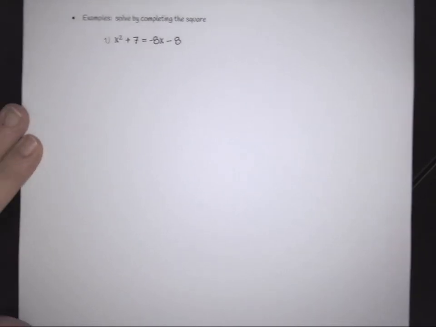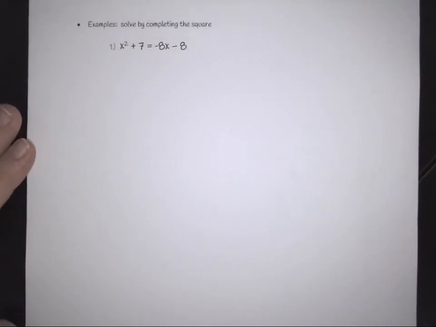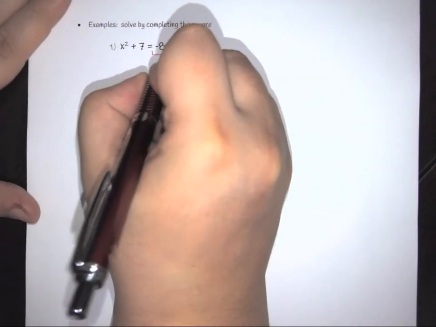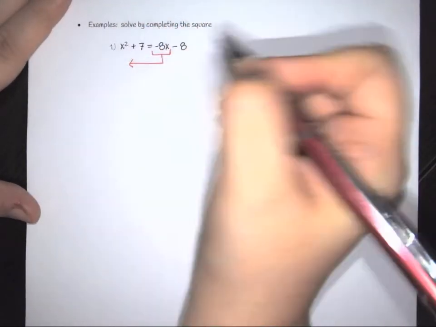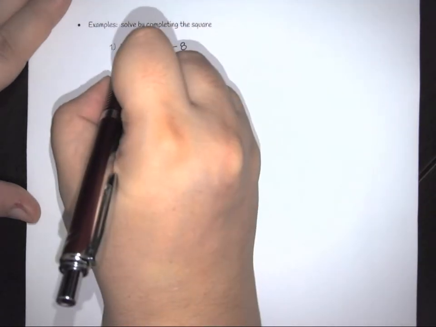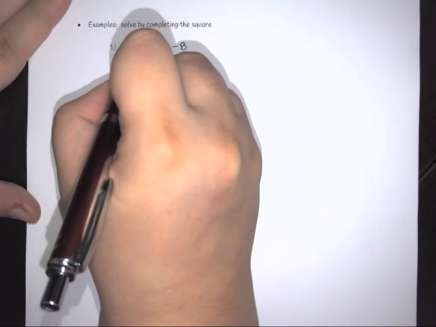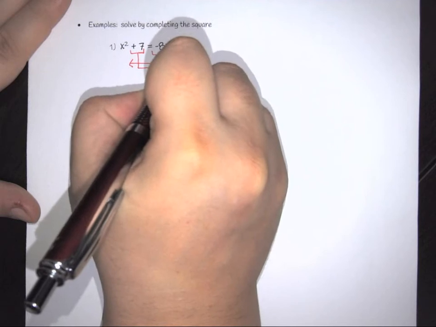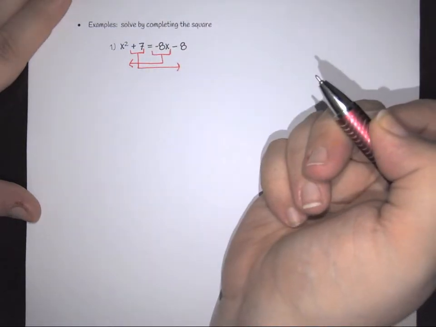So here I have solve by completing the square. We have x squared plus 7 equals negative 8x minus 8. So the first thing that I have to do is I need to move my x terms, so my 8x, over to the other side, and I have to move my constant terms over to its other side.